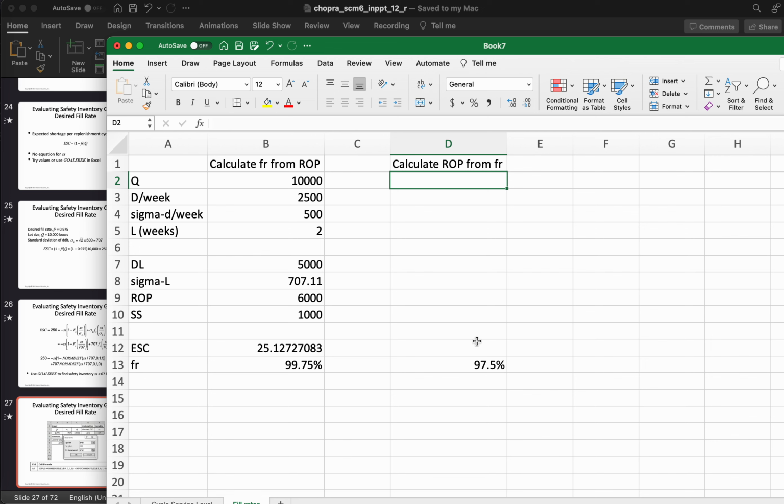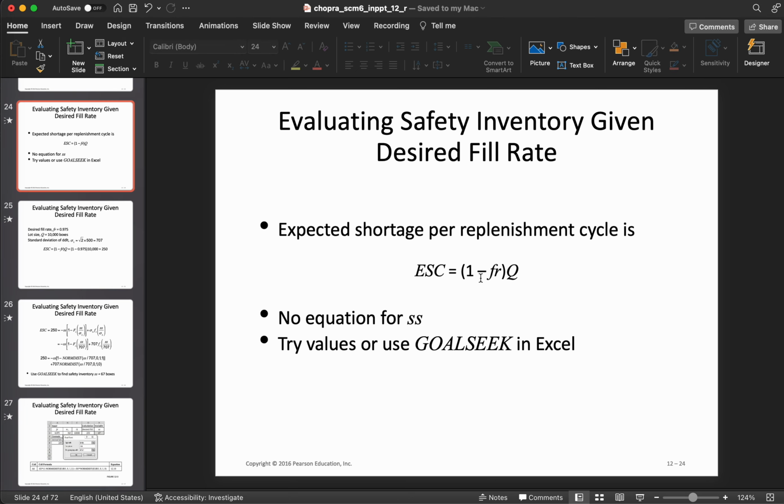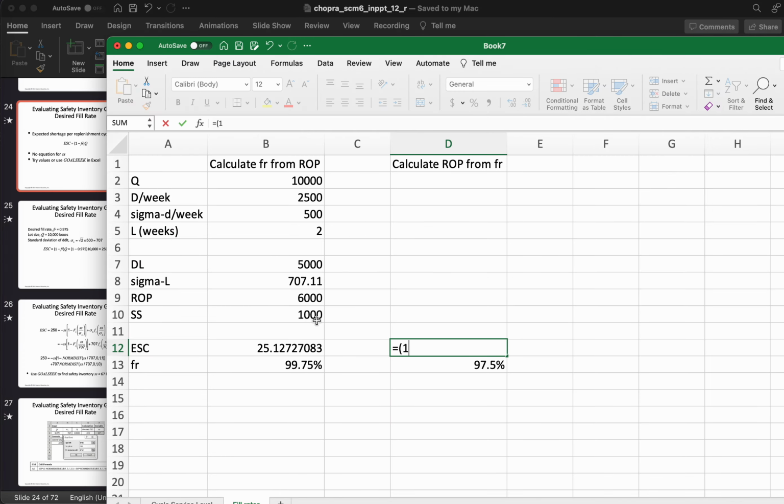Once the fill rate is fixed, we can calculate the ESC, right? So if our desired fill rate is 97.5%, we can calculate ESC as 1 minus the fill rate times the value of Q. So it will be 1 minus the fill rate times that number there.